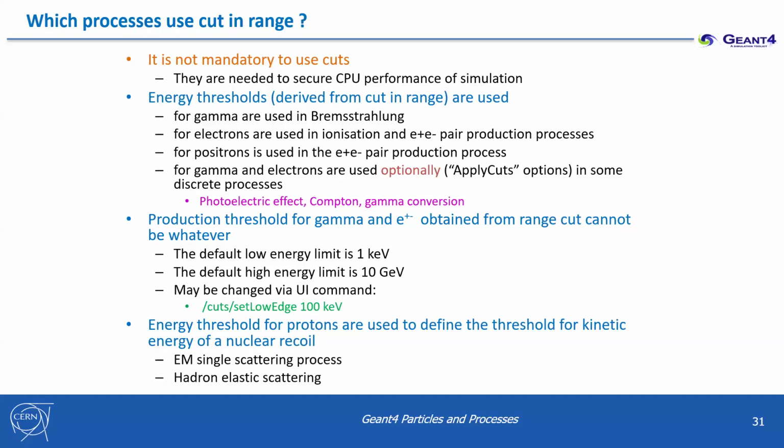But for a number of other processes like gamma electron interactions, we may enable a cut, which is not strongly needed, in order to reduce CPU. It is a little bit reduced CPU time, a little bit reduced number of secondaries. For example, if you apply a cut for the photoelectric effect, Compton or gamma conversion.